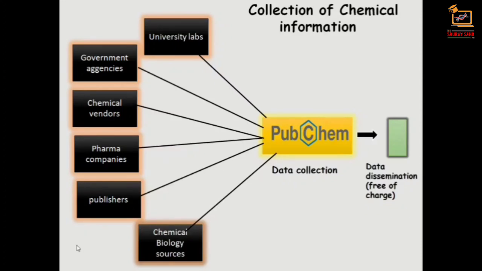Although PubChem was initially conceived as a central repository for the NIH Molecular Libraries Program, that is MLP, it includes data contributed by numerous non-MLP organizations. For example, PubChem contains a substantial amount of literature-derived bioactivity data of chemical substances.